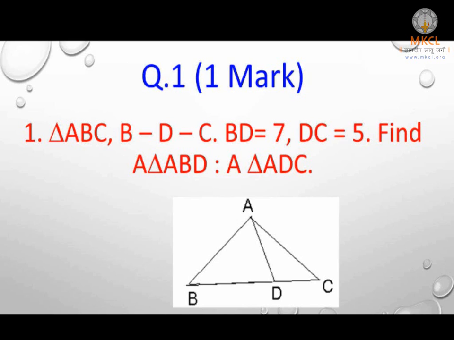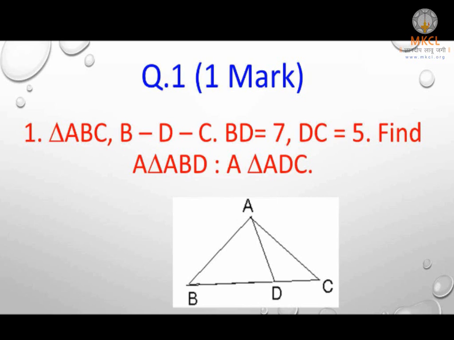Now you will notice that both triangles have the same vertex A. In such cases, the heights of both triangles ABD and ADC happen to be the same. Therefore, we should use the property that if two triangles have the same, that is common vertex, and if their bases are collinear, then their heights are equal.